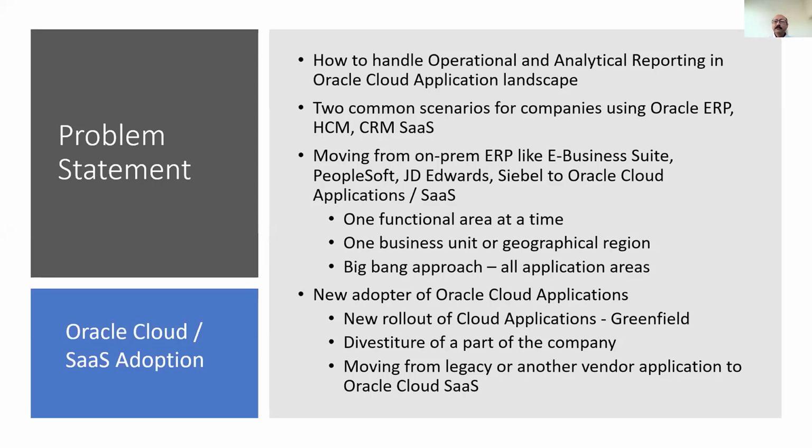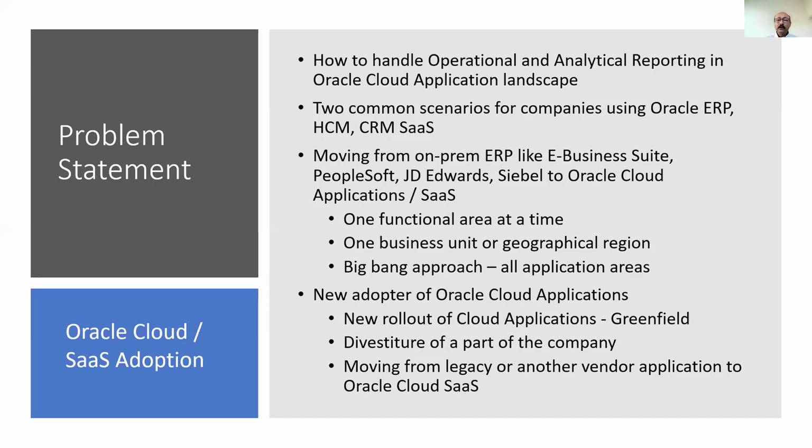The other scenario we see is when companies are divesting a part of the company. So a bigger company divesting part of the company. And then now the bigger company might be on an on-prem ERP application, but it's often very easy to put the divestiture, the smaller part of the company that's been carved out of the bigger company, into its own maybe cloud application and treat it as a sort of greenfield setup, because the divested company will be like a new company.